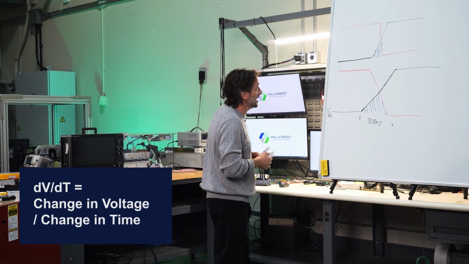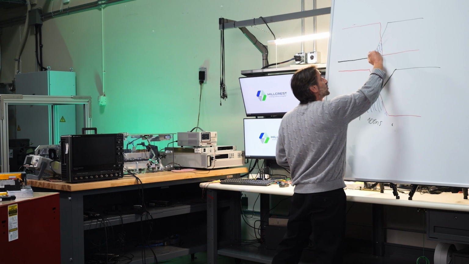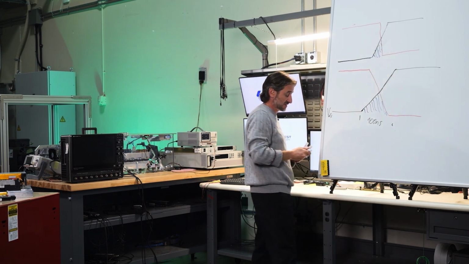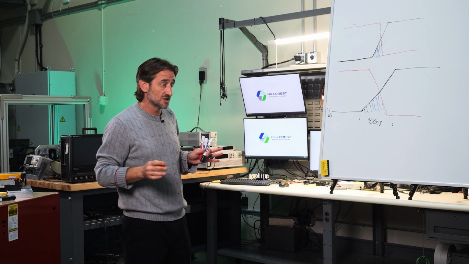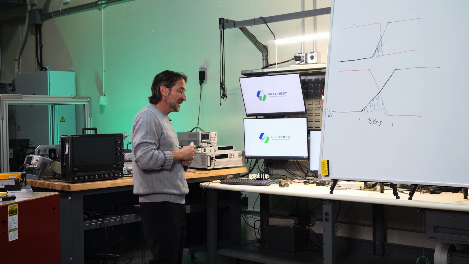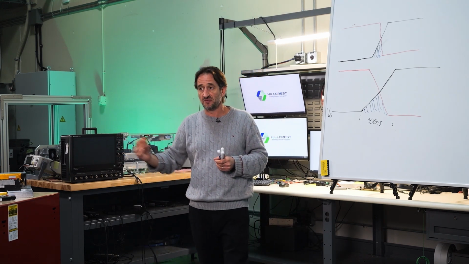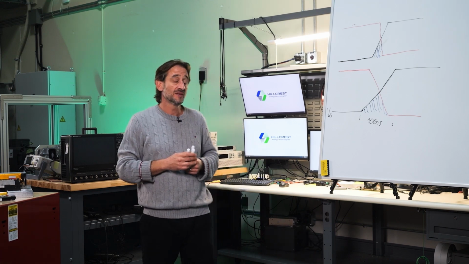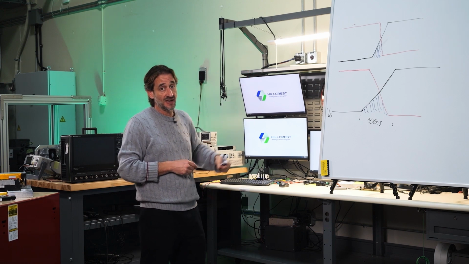Well, as it turns out, there are some bad consequences of trying to switch very fast. Basically, nature doesn't like fast transitions. These are really fast transitions. There are phenomena that happen outside of the inverter that react in a very bad way to these fast transitions.